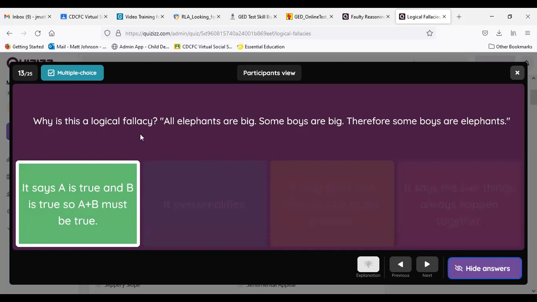Think about those kinds of logical statements. If A is true and B is true, A plus B must be true. So just think about the way it's organized. All elephants are big. Some boys are big. Therefore, some boys are elephants. So there's that logical fallacy there.